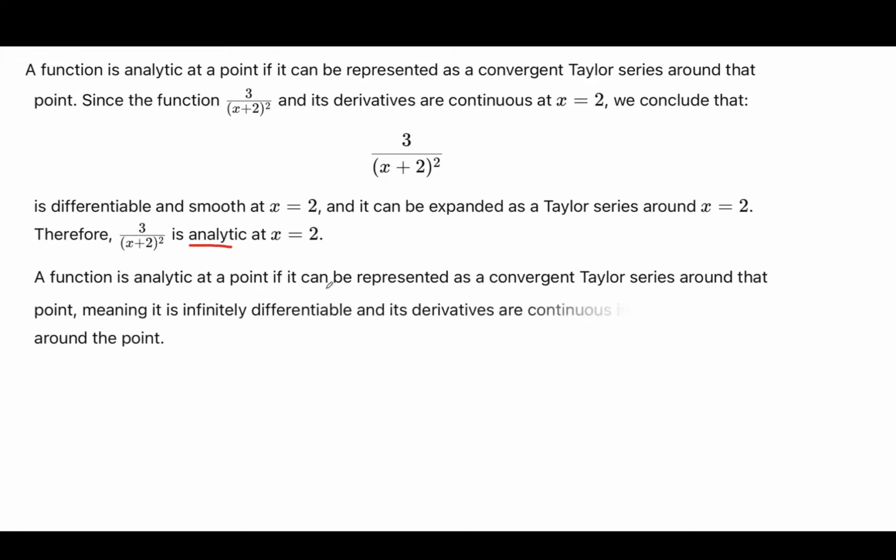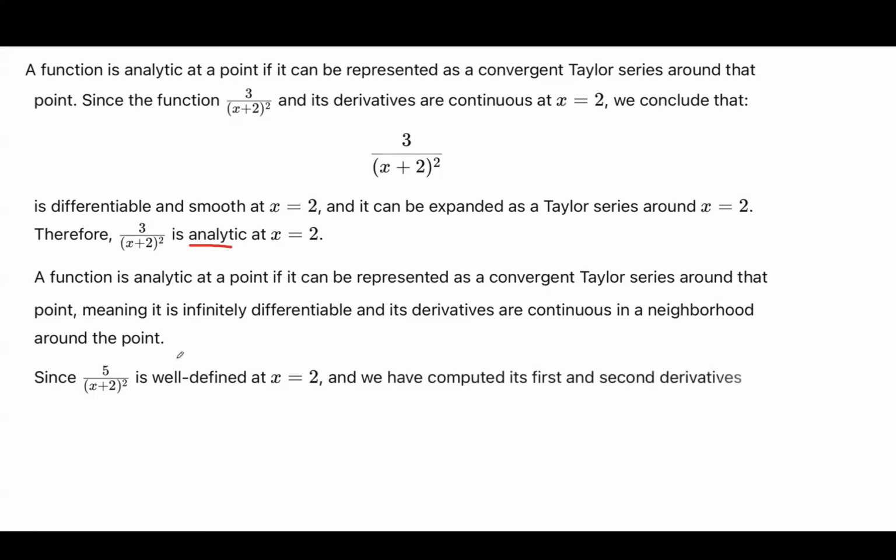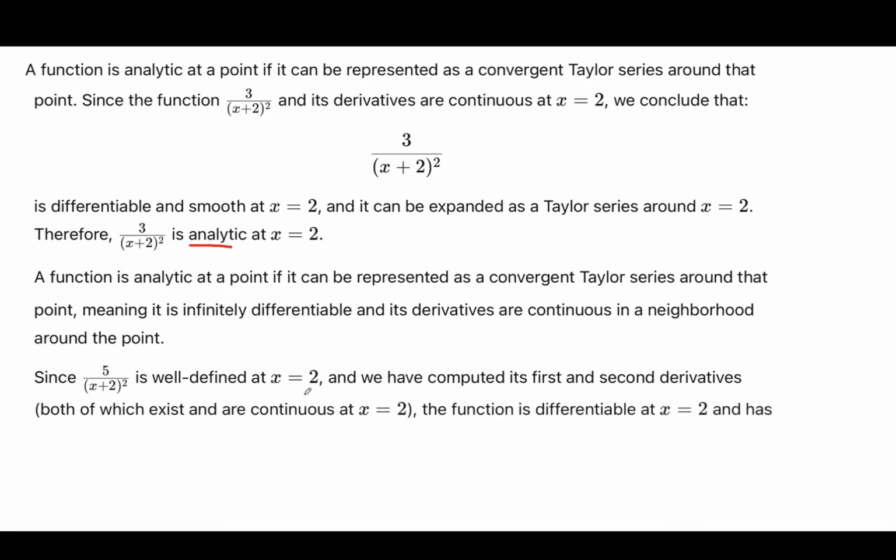A function is analytic at a point if it can be represented as a convergent Taylor series around that point. It means that it is infinitely differentiable and its derivatives are continuous in a neighborhood around that point. And here, for (x minus 2) to the power 2 times q(x), which we simplify to 5 divided by (x plus 2) to the power 2, x equals 2 belongs to the domain of this function, and then you can easily take the derivative.